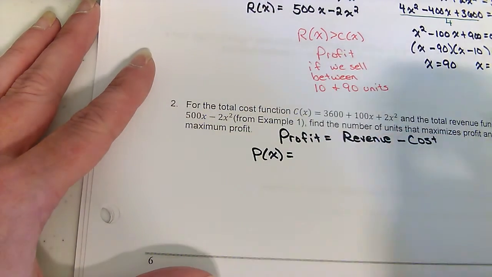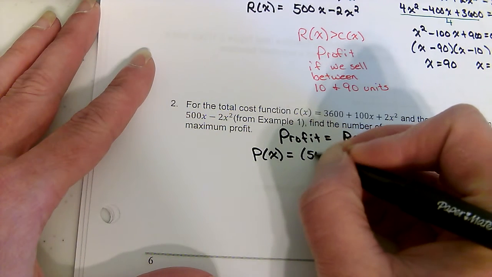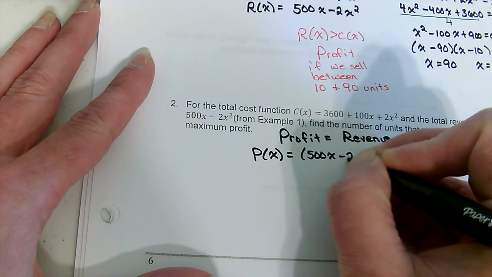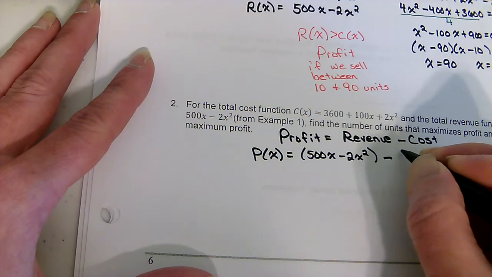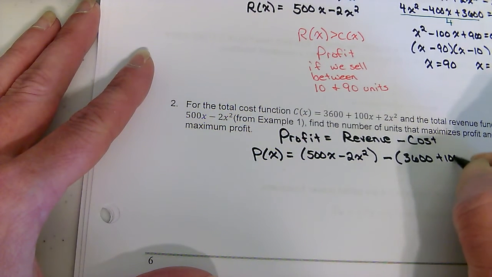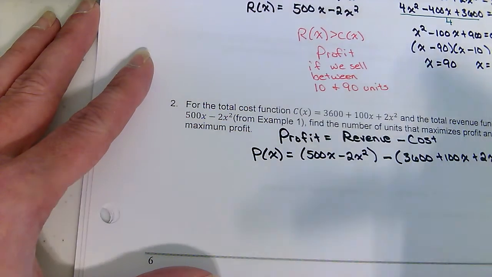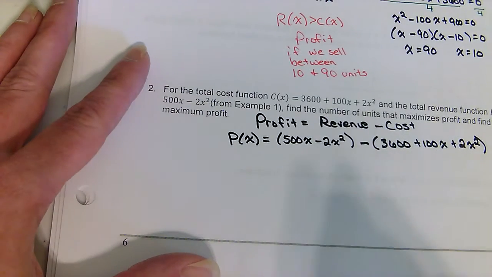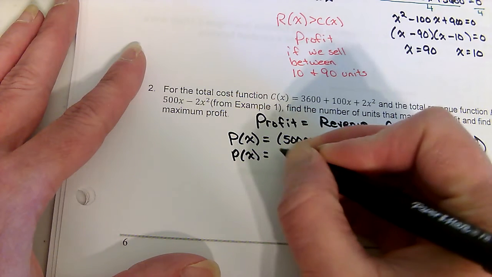Profit is found by taking the revenue, which was 500x minus 2x squared, and we're going to subtract the cost. And let's see what this new function looks like. So I'm going to do a little simplifying.